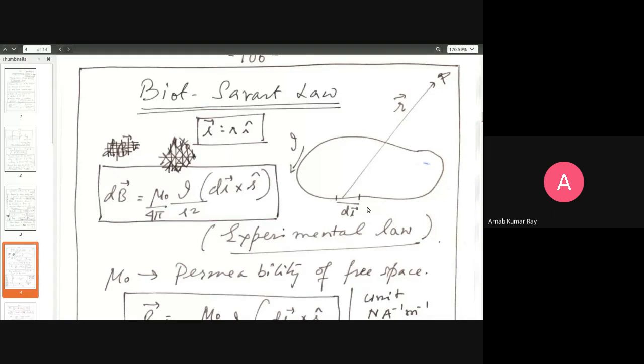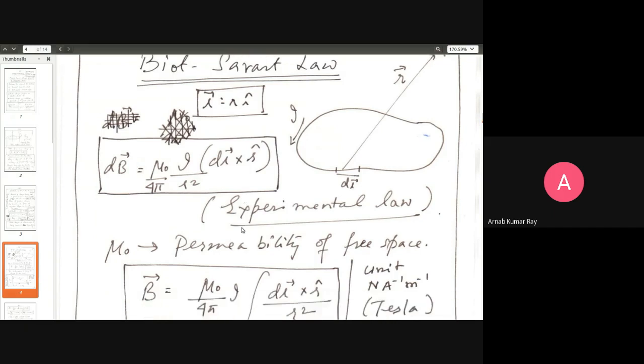So magnitude of dl into 1, which is the magnitude of the unit vector r cap, times the direction perpendicular to the plane that contains both dl and r cap. So that is where we shall soon see an example where we will apply this idea. So it is an experimental law.